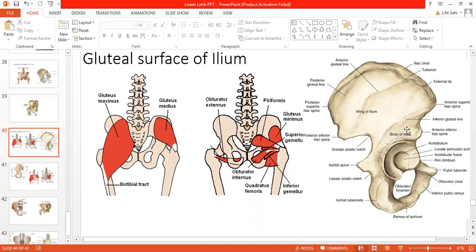Just beneath the inferior gluteal line, or just above the acetabular fossa, is a deep groove which provides attachment to the reflected head of the rectus femoris.